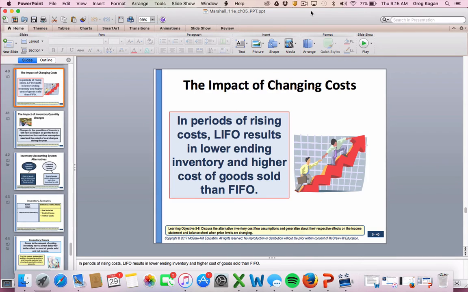So it's not really that you're making money, you're just mismatching the economics of your purchases and sales. And that could also cause higher taxes. You're paying more tax for basically no reason at all.